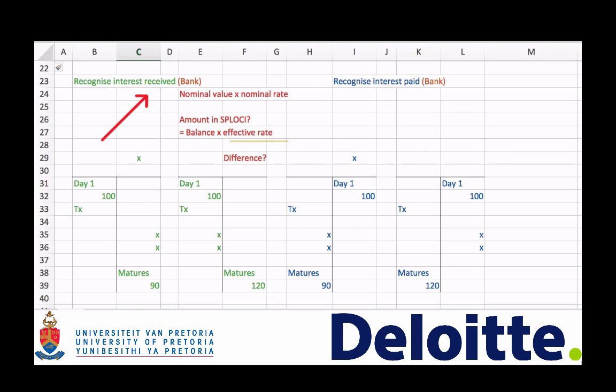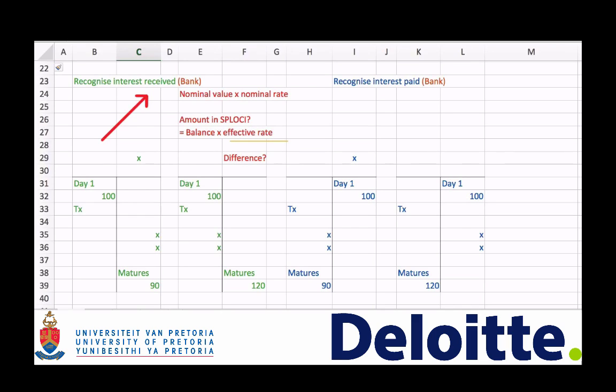But in your T account, that might not be the amount that is initially recognized, because we in accounting recognize it at fair value. So for our purposes for the income statement, we want to use what we recognized as the value of the asset or the liability to base our interest calculation on for the income statement side of things, the profit and loss side.